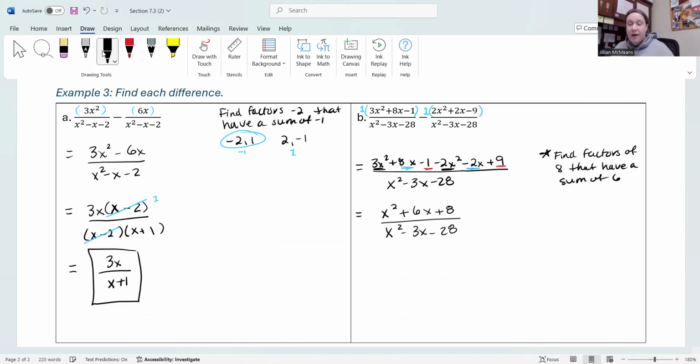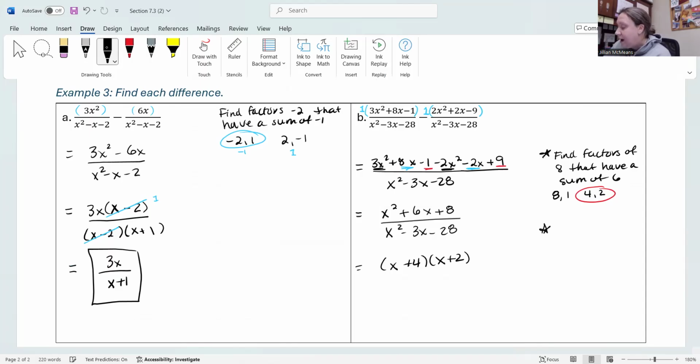That means both factors have to be positive or both have to be negative. And in order to get a sum of positive 6, the factors need to be positive. So we could look at 8 and 1 or 4 and 2. The pair that's going to work is 4 and 2. 4 times 2 is 8. 4 plus 2 is 6. So my numerator is going to factor as x plus 4 times x plus 2.